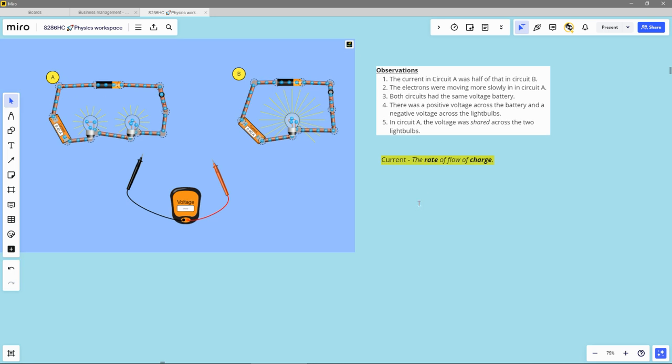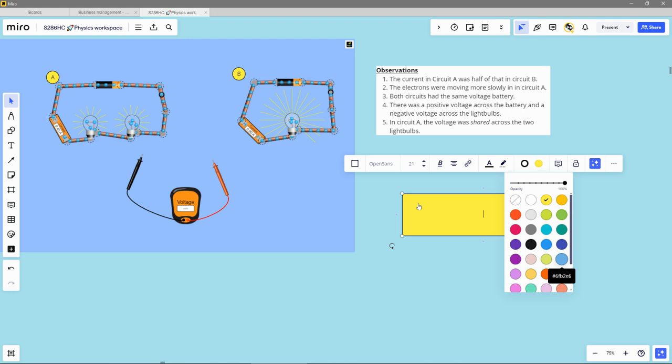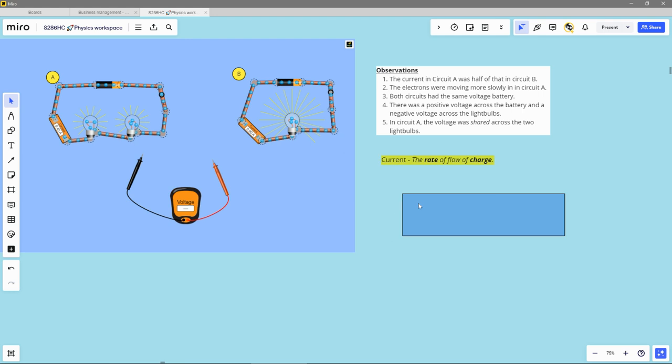A lot of the words in electricity are kind of metaphors for water. You've probably heard of a water current, a river current, or an ocean current. If we imagine a river, we can think of the current in a river as the volume of water per second.